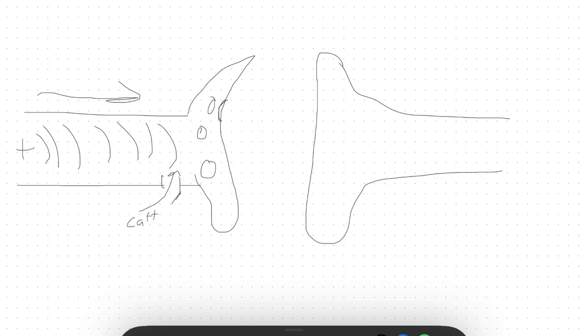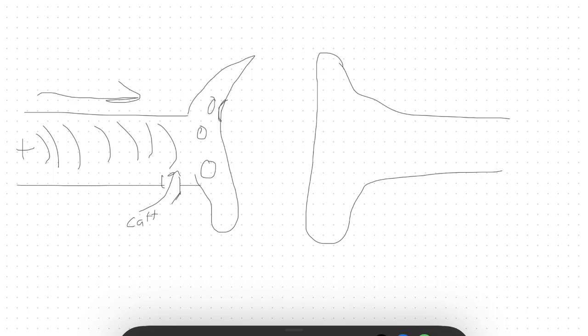So when neurotransmitters are released, an action potential arrives at the presynaptic terminal, depolarizing it. This depolarization triggers the opening of voltage-gated calcium channels, allowing calcium ions to enter the presynaptic terminal.